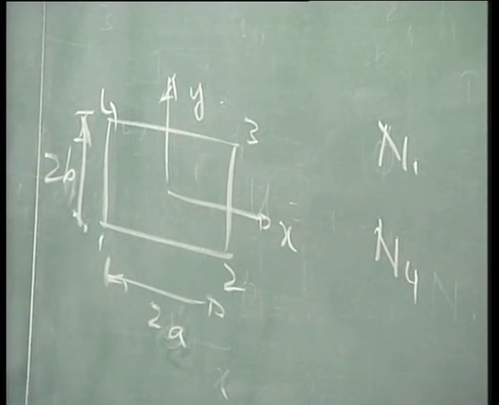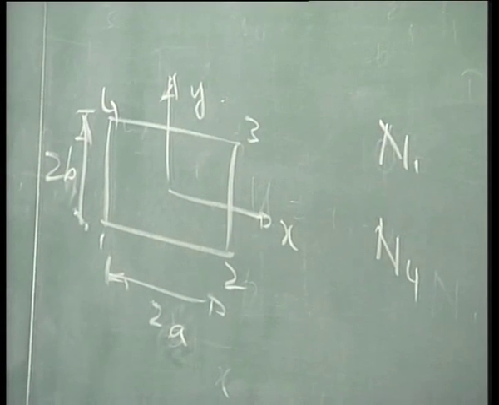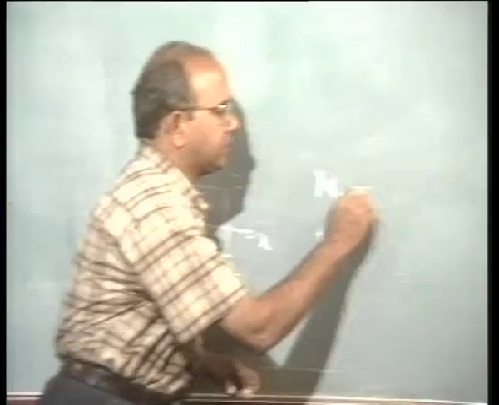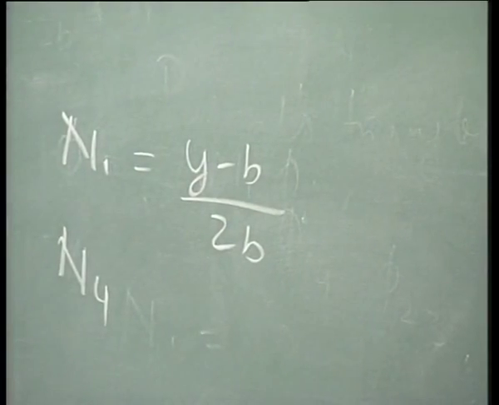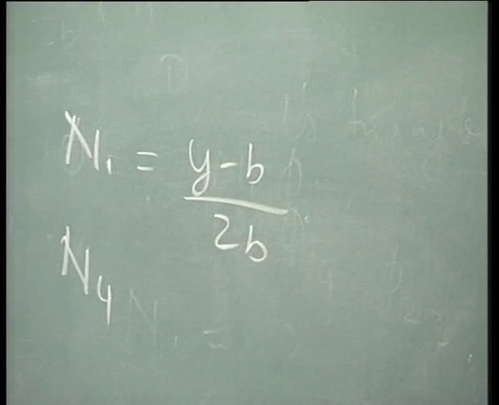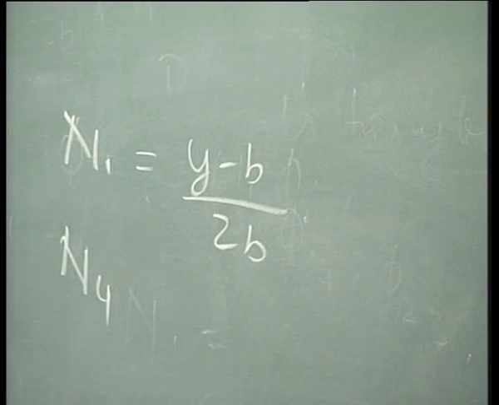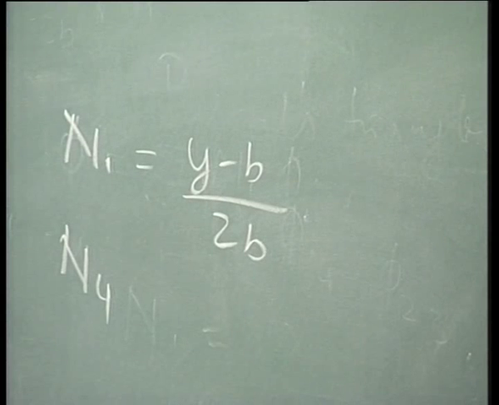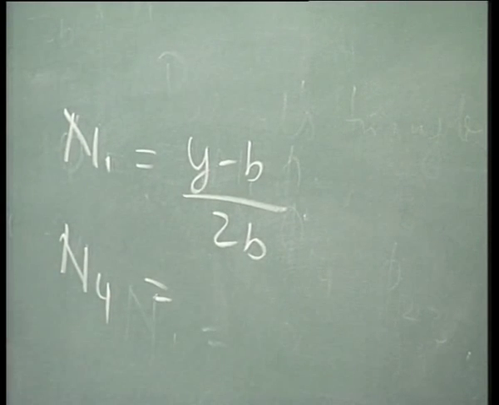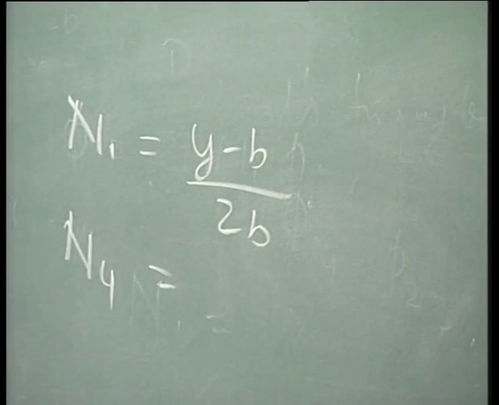So let's say that 2a and 2b, so that I'll be consistent later. y minus b divided by 2b. This comes out straight away from mere substitution in the Lagrange interpolation. Right? N1. This is y plus b divided by 2b.